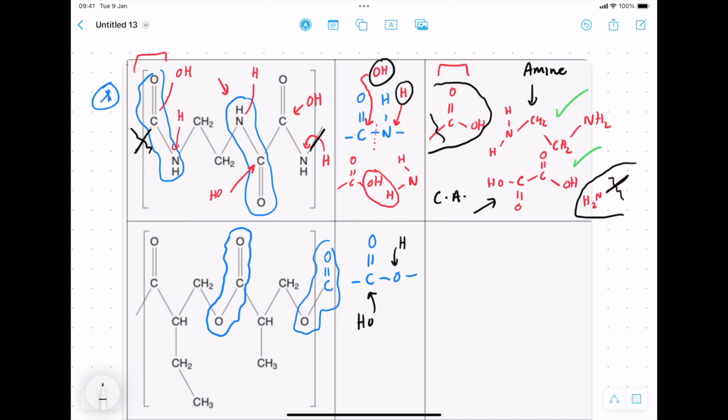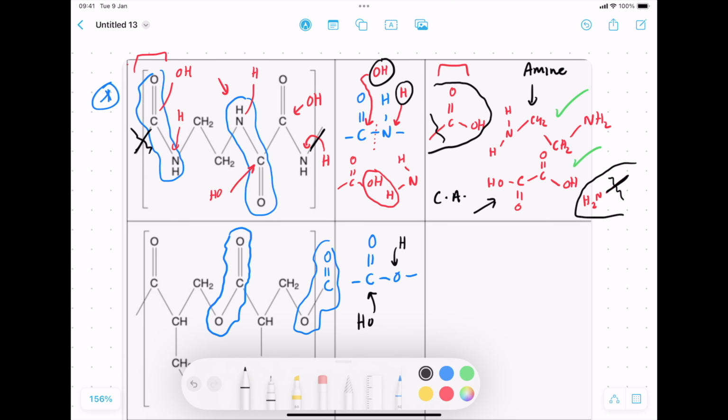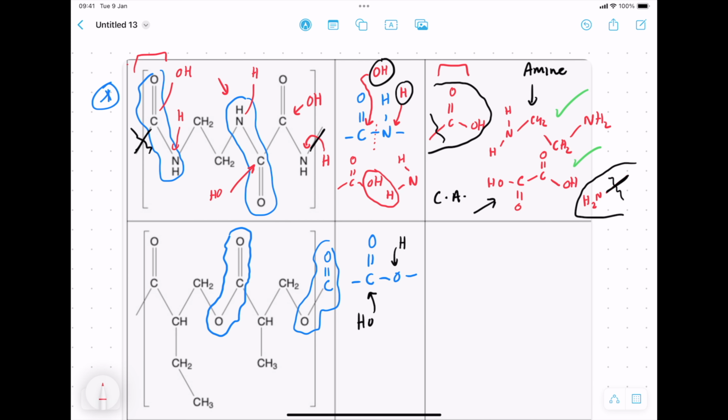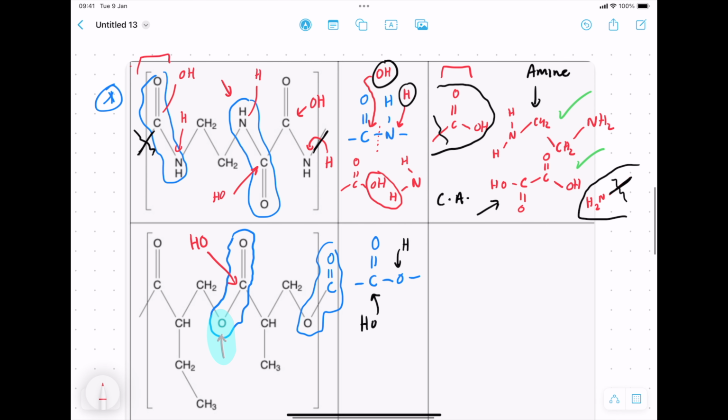So I'm going to do exactly the same as I just did a moment ago. I just use red there again. There's my ester bond. So I can see I'm going to put the OH back onto that carbon, and then onto that oxygen is going to be the hydrogen. And of course, in doing this, remember, this is the ester bond that's breaking. And then the H is going to go back onto there. And then this bit I've just introduced would be the OH.